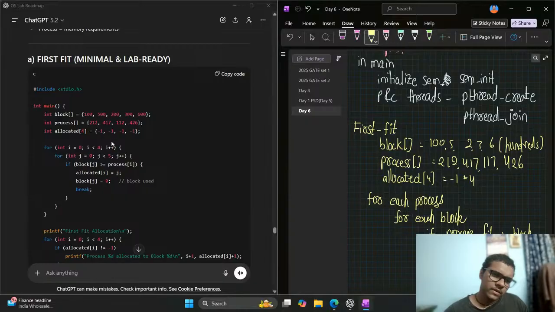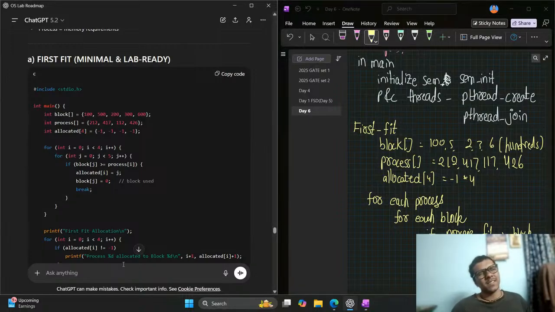0, 1, 2, 3, and the first fit: allocated of i is equal to j, but i ranges from 0.